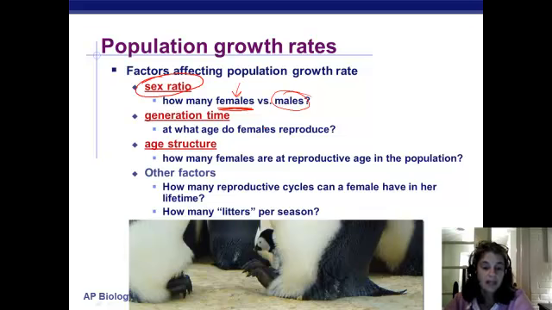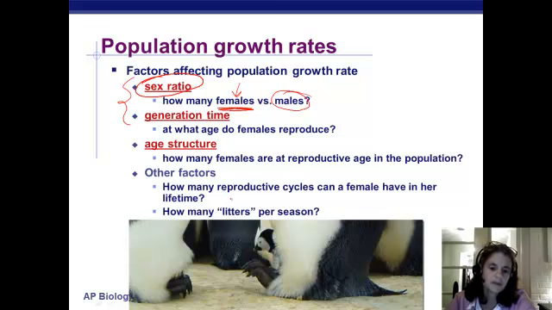At what age can they reproduce? Are they ready very quickly after birth? Do you have to wait a year or 18 years? One type of analysis that looks at males to females and generations is an age structure diagram, and we'll look at that coming up next.